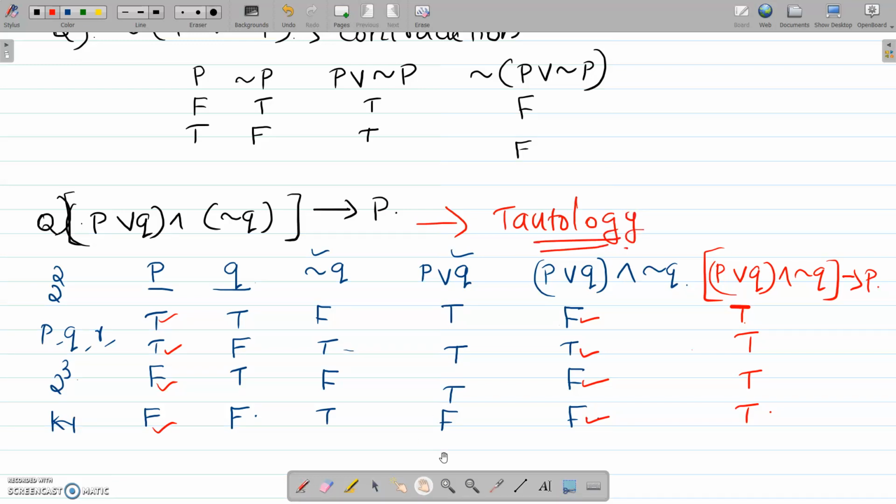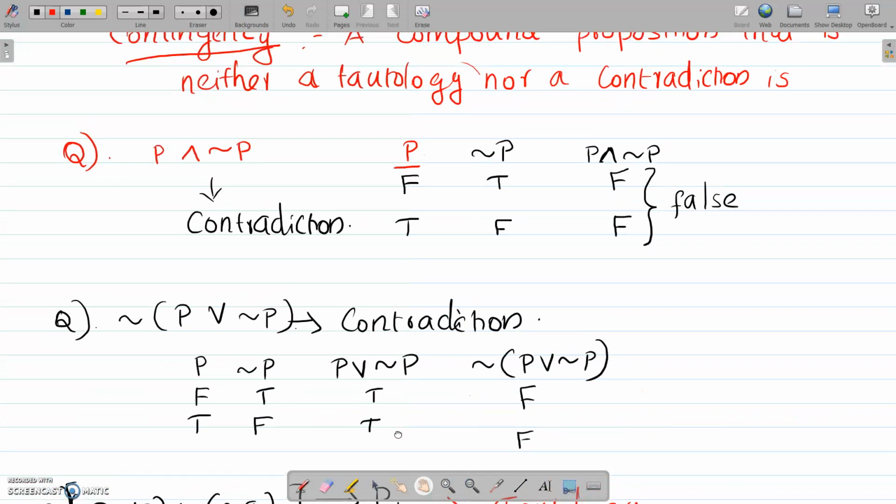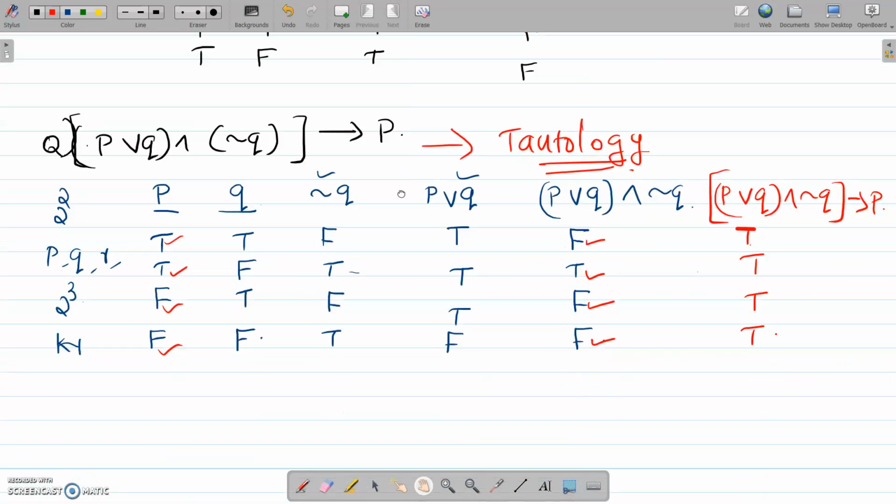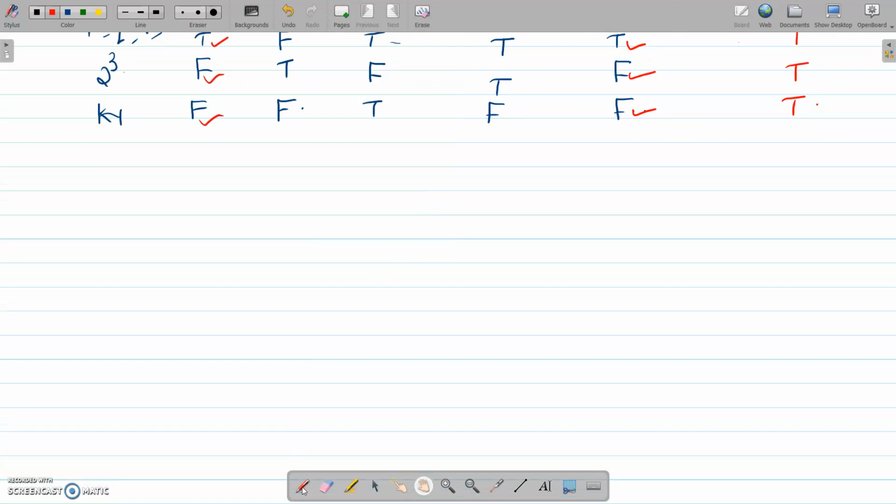Okay, so these are the examples for tautology and contradiction, and one more example we have to discuss, that is for contingency. Contingency is where both false and true will come.